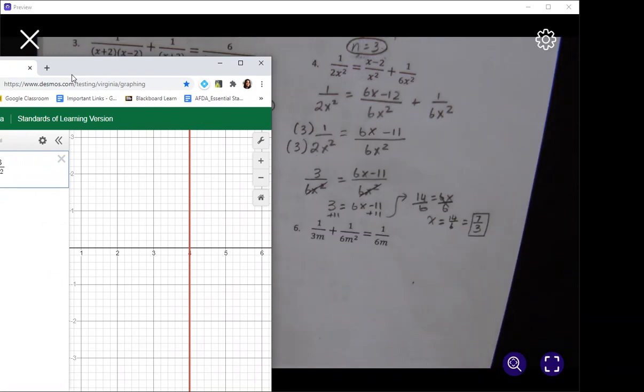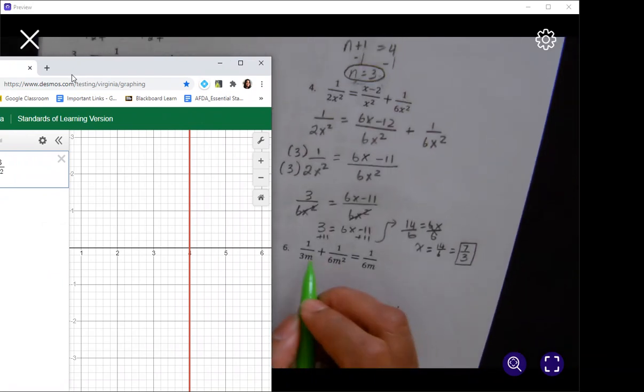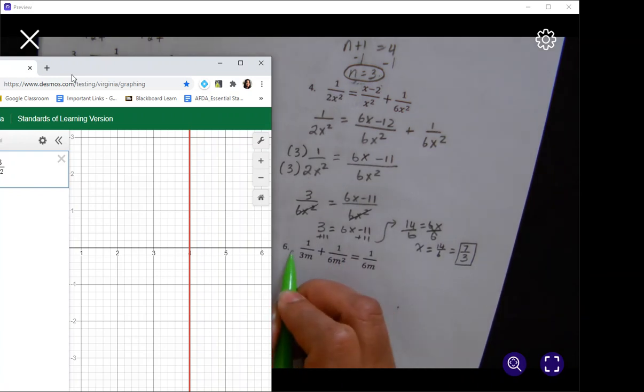Okay, so over here, I need to get a common term. This has a 3m and this has a 6m squared. So this one needs a 2 to make it a 6.